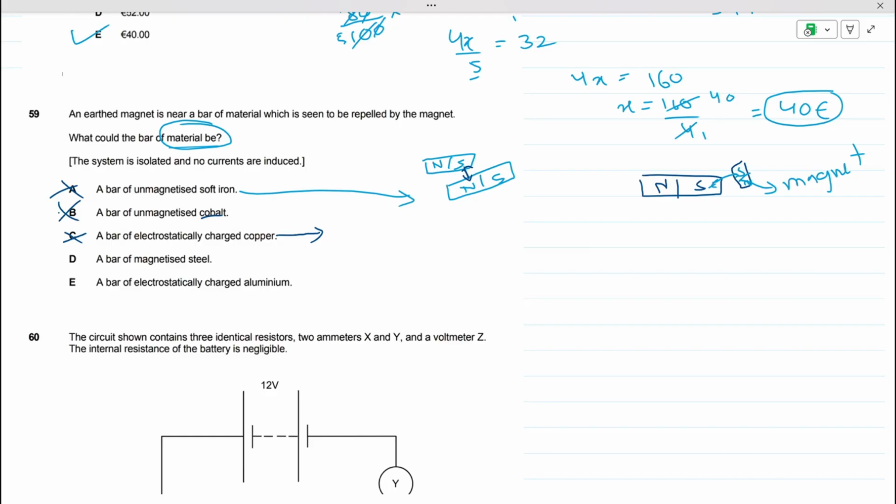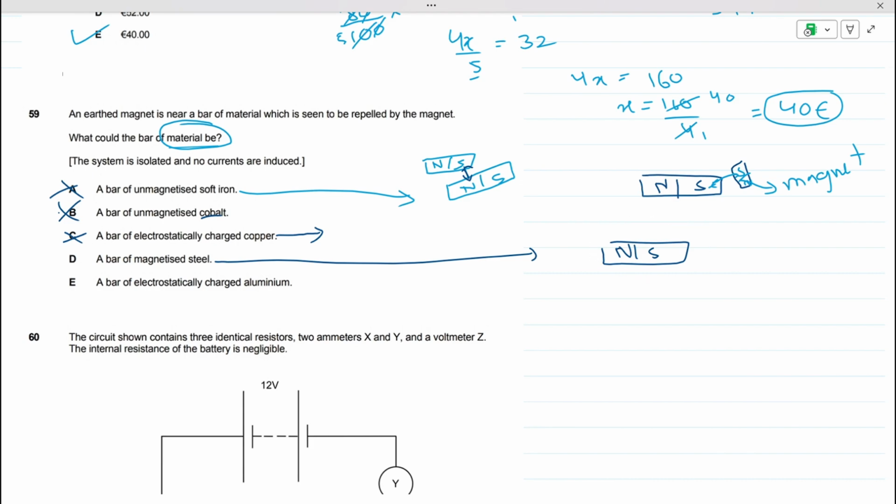If I talk about the fourth one, a bar of magnetized steel. Now see, steel is something that can be a permanent magnet. It has north and south pole. So steel is something that has north and south poles already. If the nearby pole is the same as the magnet, repulsion occurs.